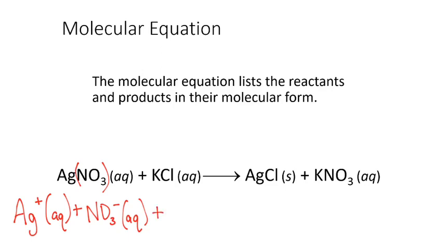Then KCl. Does KCl say it's aqueous? Yep, that means for the full ionic, I'm going to divide it up into its ions. What do you think is one of the ions that makes up KCl?